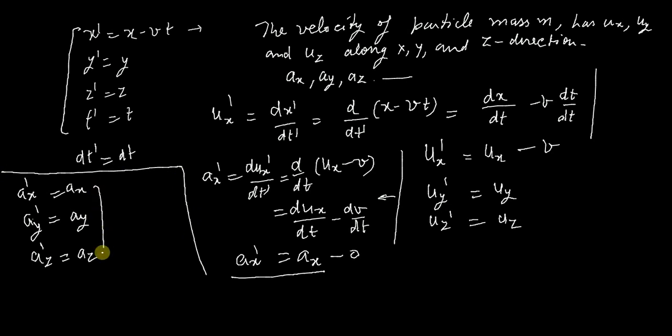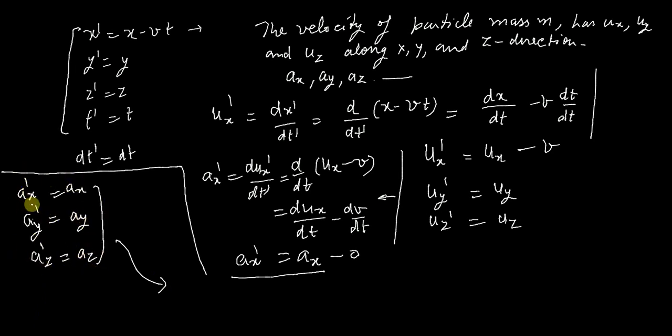If you see these equations carefully, they say that the acceleration is the same in the prime frame and the unprimed frame for both observers of that particle. What can we conclude from this?